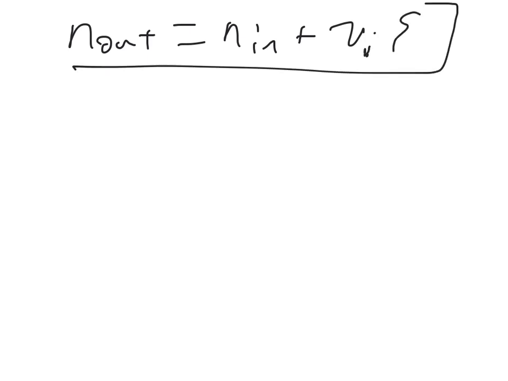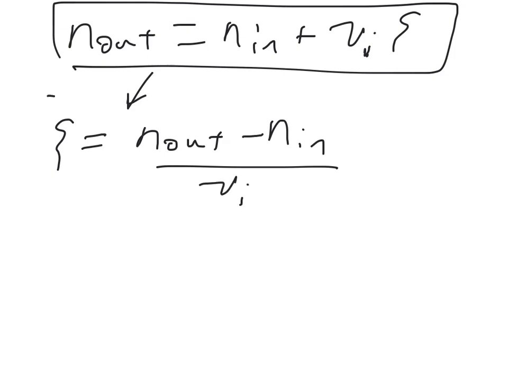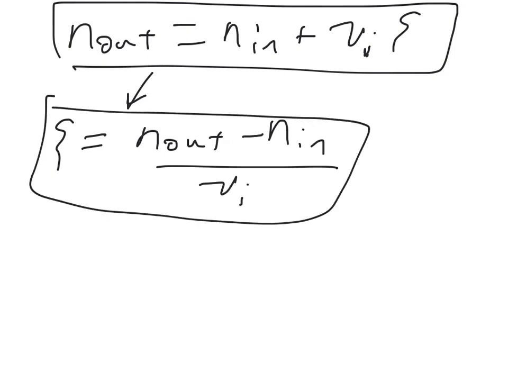Let me recap: the number of moles exiting the reactor is the number of moles in plus the stoichiometric coefficient times the extent. Let me put a box on that. Sometimes we may not know the extent and need to solve for it, so we can rearrange this equation to get the extent equation, which is just this boxed equation rearranged.